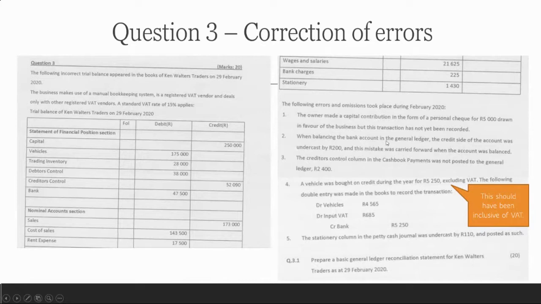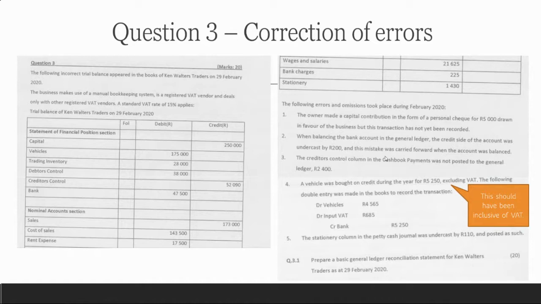Then they tell you when balancing the bank account in the general ledger, the credit side of the account was undercast by 200, and this mistake was carried forward when the account was balanced. So the bank account, that's your T account in the general ledger. The credit side of the account was undercast. So when we have a T account, on the credit we show our debits, it was undercast by 200 Rand and the mistake was carried forward.